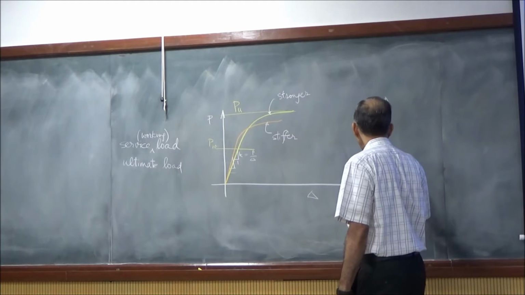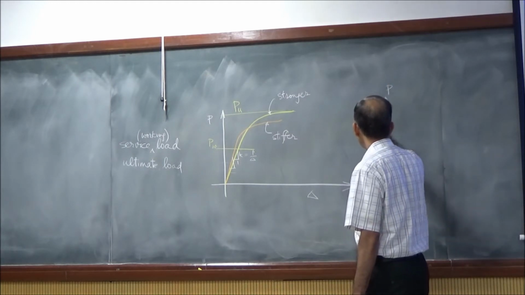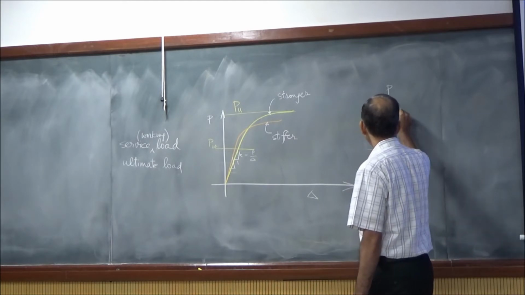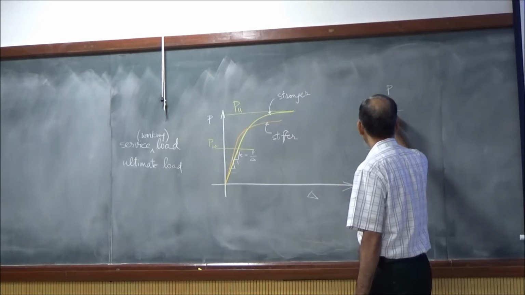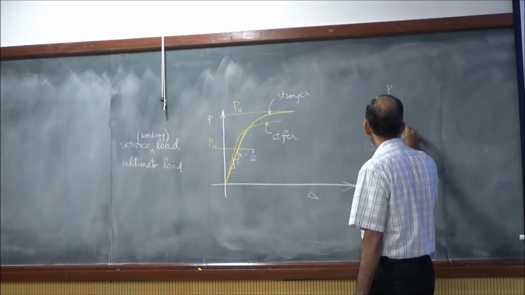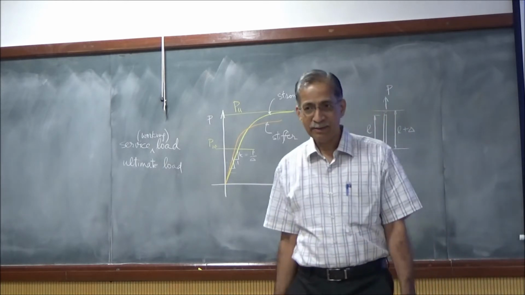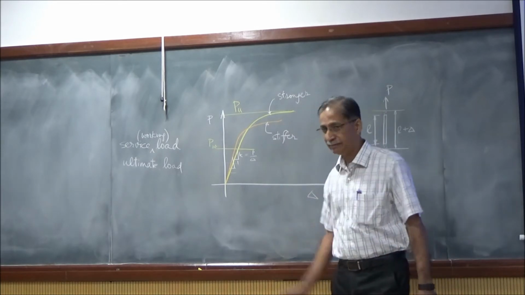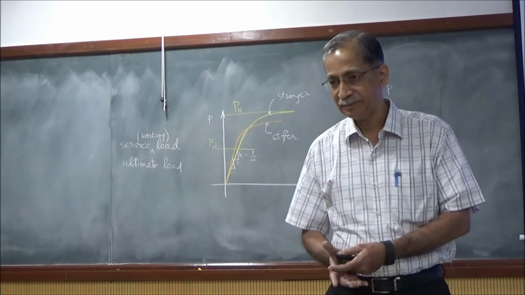Let its original length be L. And let the increase in length, because it's going to increase in length, be L plus delta. So delta is the axial deformation in the member. Let's say you have this kind of behavior. Let's not decide what is the material.